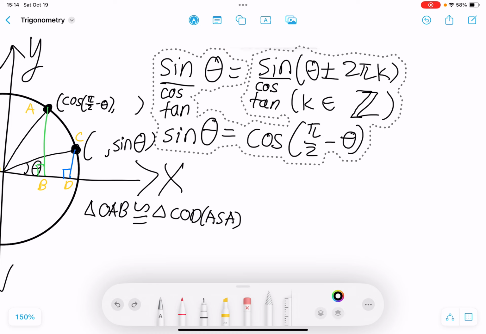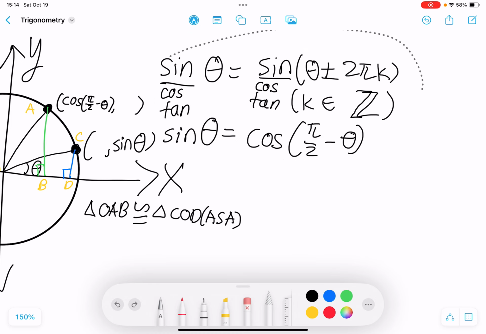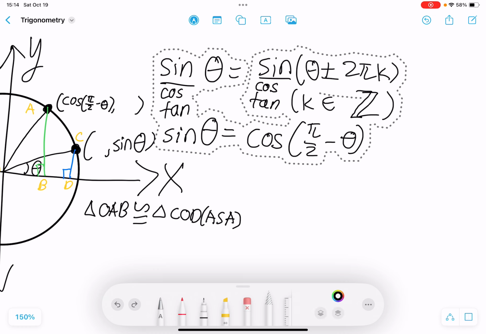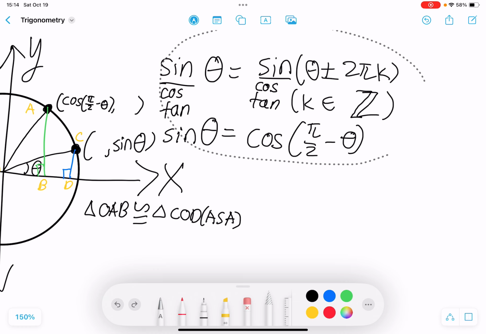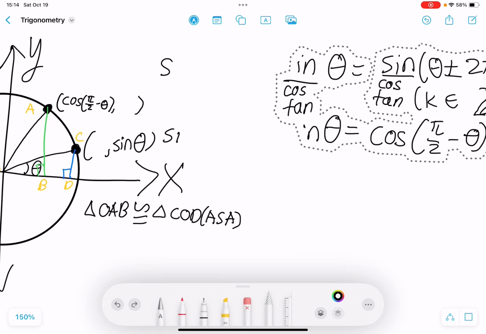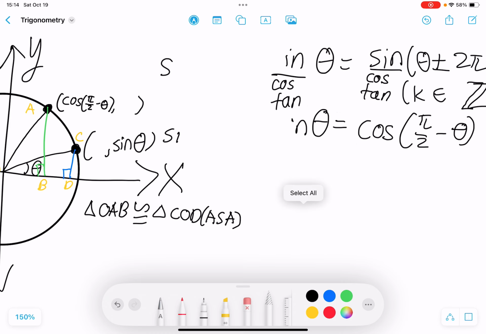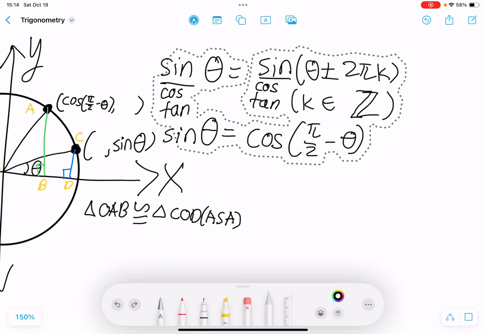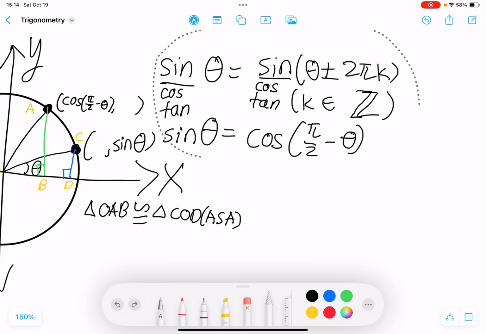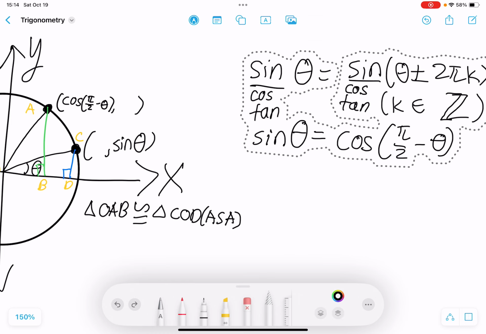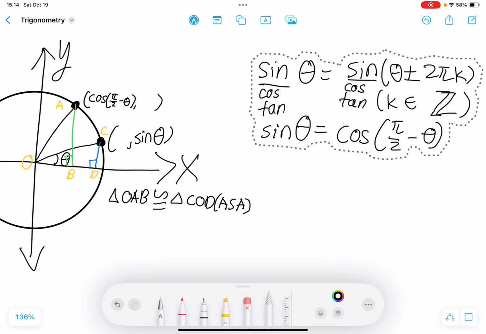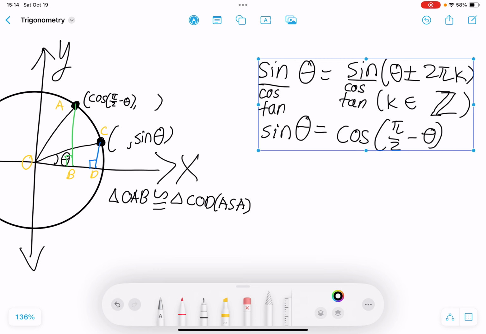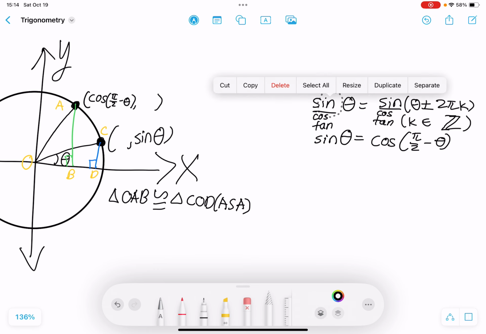Let me just move these properties over here, and let me make them smaller for space.